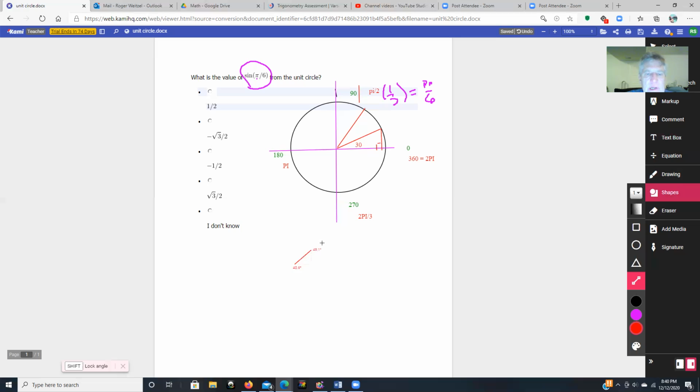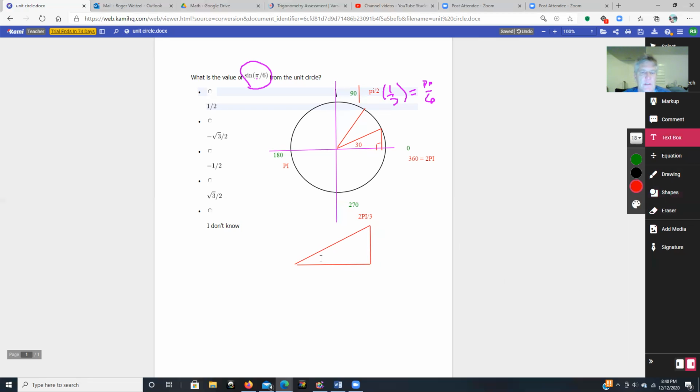For the time being, I'm just going to remind you that if we have a 30 degree right triangle, we know the relationship of the sides. We know that this is going to be 30. We know that this is going to be 60. And we know that this is going to be 90.